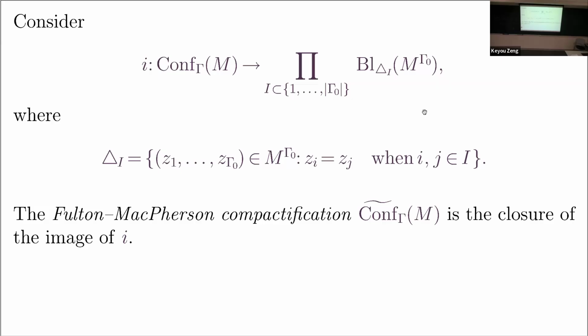We can consider all the blow ups along some diagonals, and we consider the embedding from configuration space to this blow up space, and finally we take the closure of this map I. Then we will get the Fulton-MacPherson compactification. Fulton and MacPherson proved that this compactified space minus the uncompactified configuration space is just a simple normal crossing divisor.